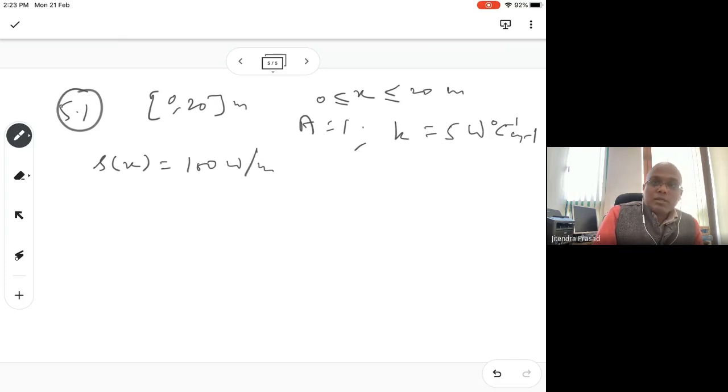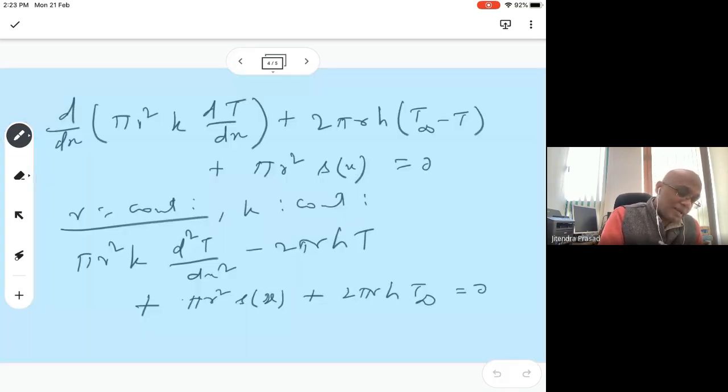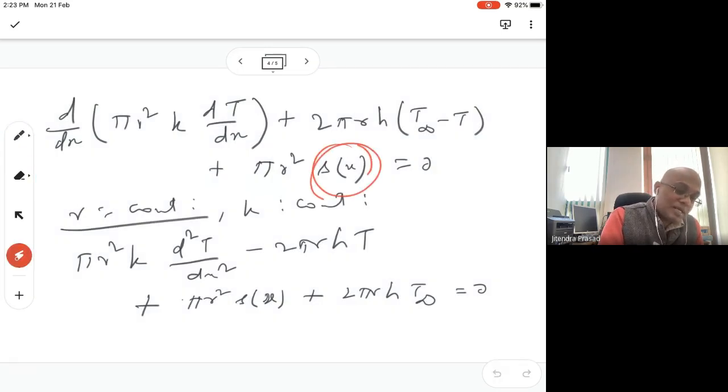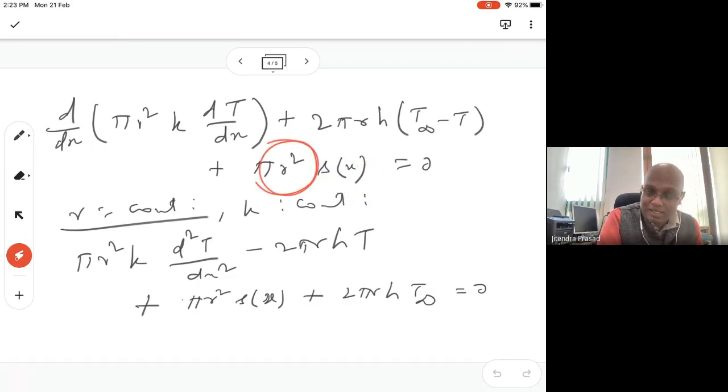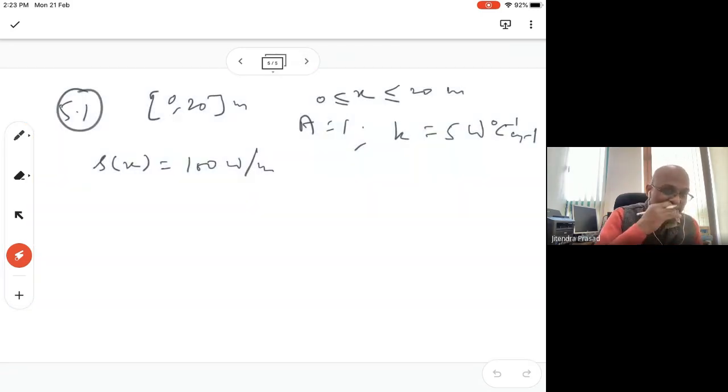Okay, guys, in our derivation here we assumed S to be in watts per meter cube, and hence we multiplied by this. Otherwise, if S is given in per meter, then you don't have to multiply here, so be careful with this. Okay, now S(x) equal to 100 watts per meter.